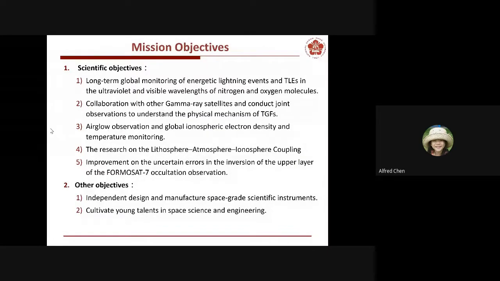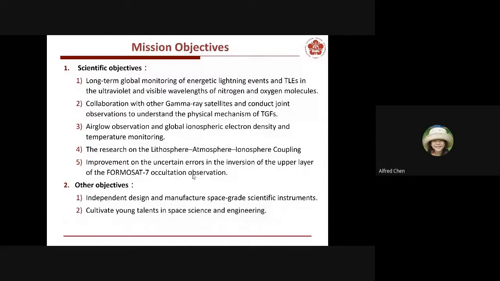And then we can also do the airglow observation and the global ionospheric electron density and temperature monitoring. And the observation data in this mission can also be used to improve the uncertainty errors in the inversion of upper layer of Formosa 7 occultation observation.